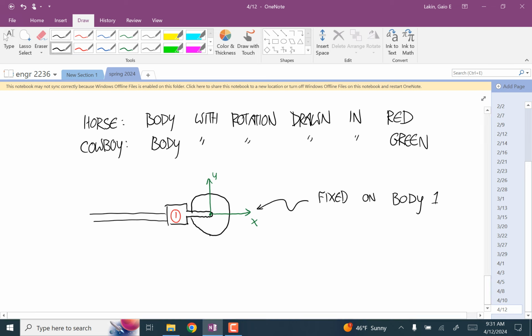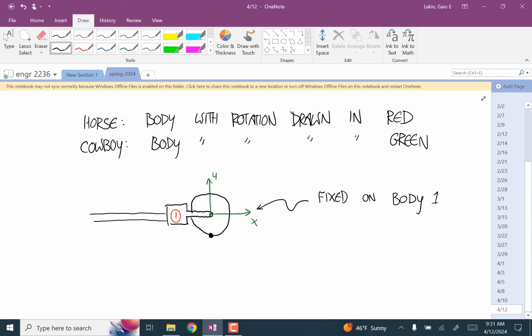And notice that the idea of this now is, well, if we have that coordinate system fixed on body 1, now the axis of rotation, no matter what the orientation of body 1 is, the axis of rotation is z, the way I have it drawn. Okay?